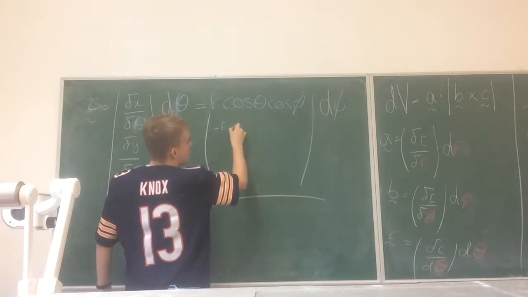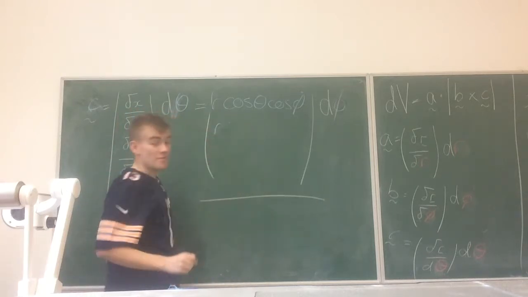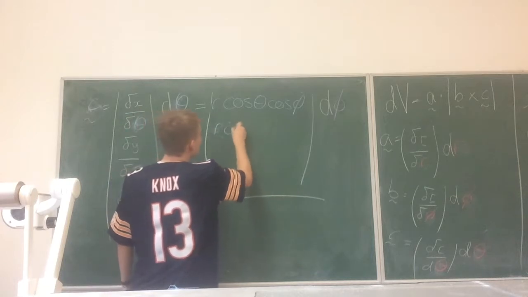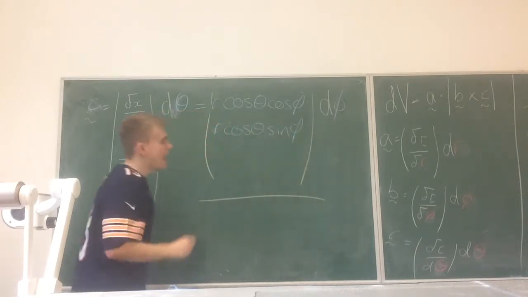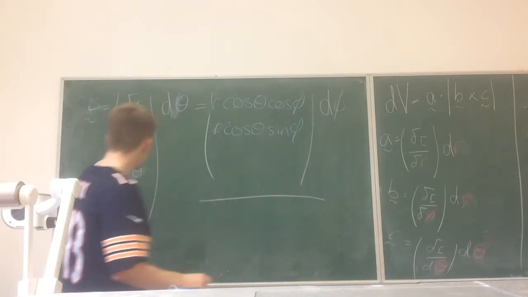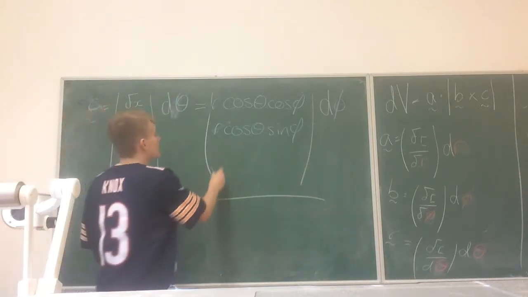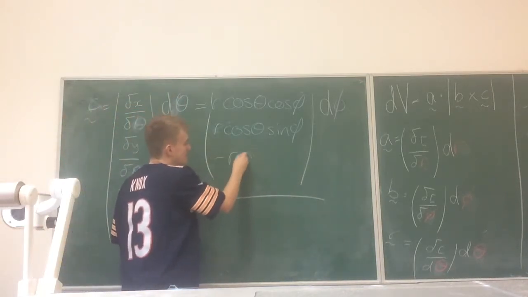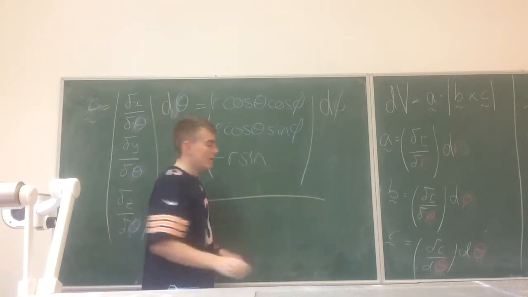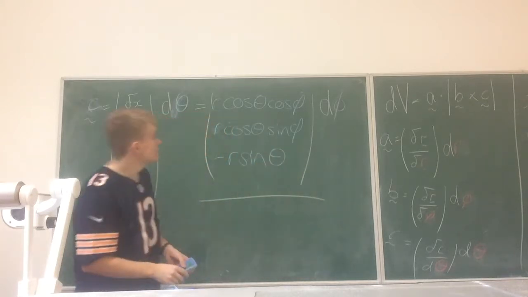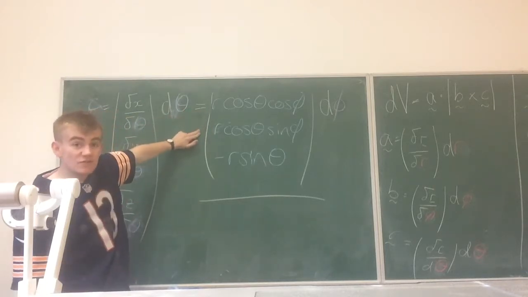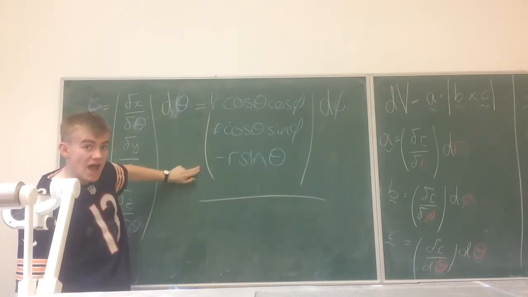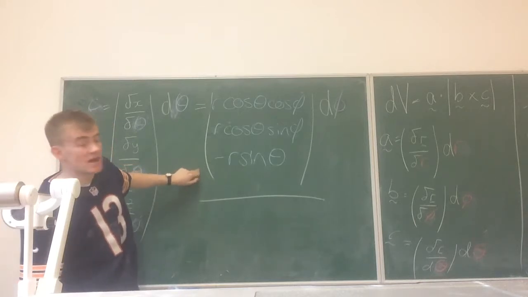Minus r, oh no, sorry, big fan of those minuses apparently, just get an r cos theta sine phi, and at the bottom, when you differentiate z with respect to theta, you get, here we go, minus r sine theta. Okay, so this is the differential of x with respect to theta, this is the differential of y with respect to theta, and this is the differential of z with respect to theta.